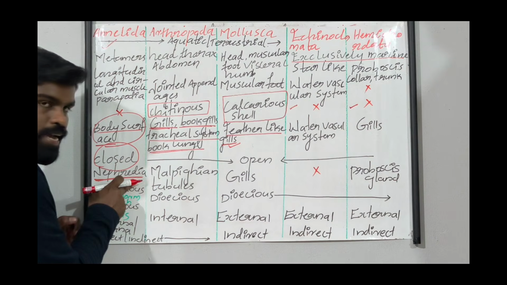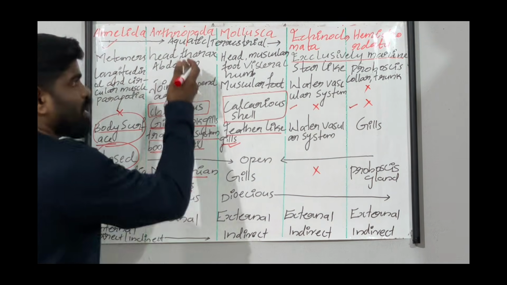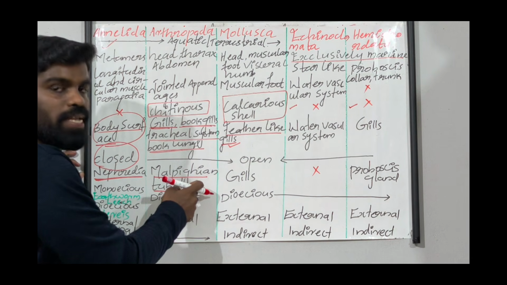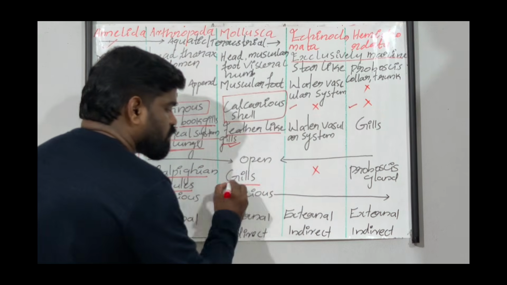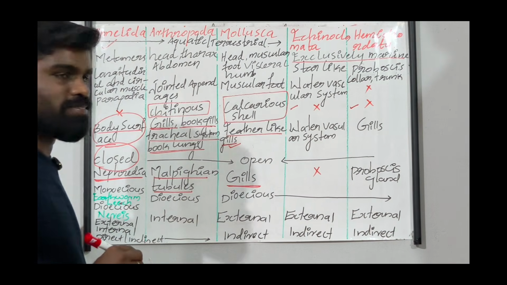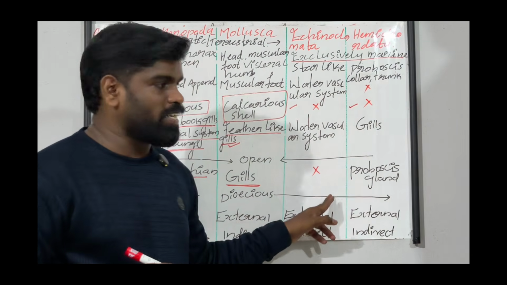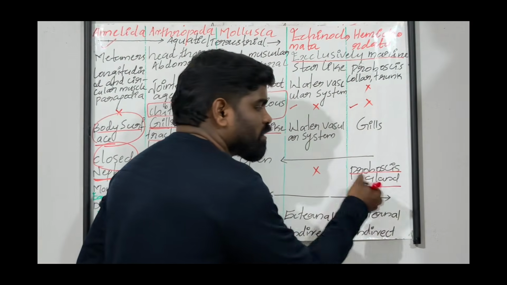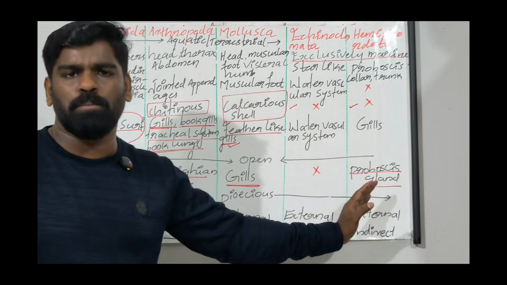Arthropods have Malpighian tubules as the excretory organ, and Mollusca have gills as their excretory organ. Echinoderms don't have any specialized excretory organ, and in Hemichordata, the proboscis gland is the excretory organ. This is very important.